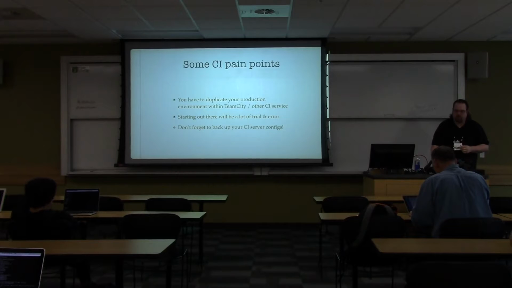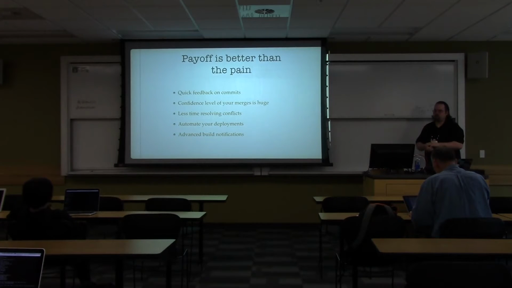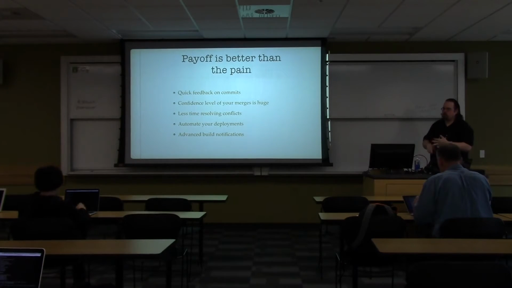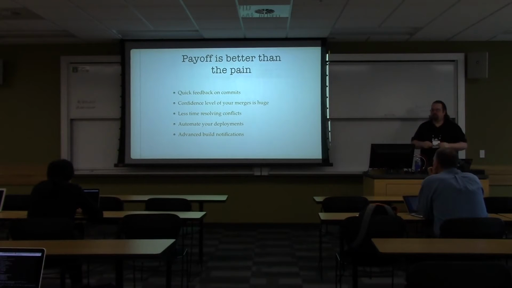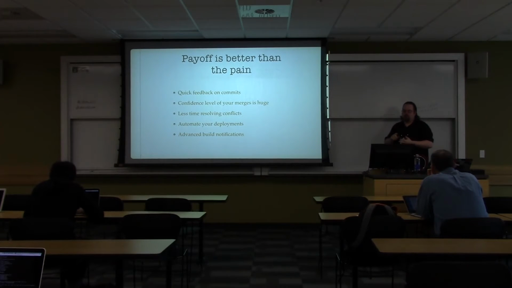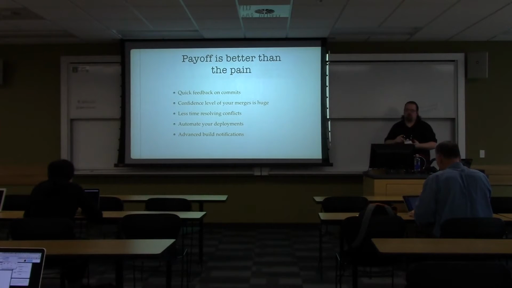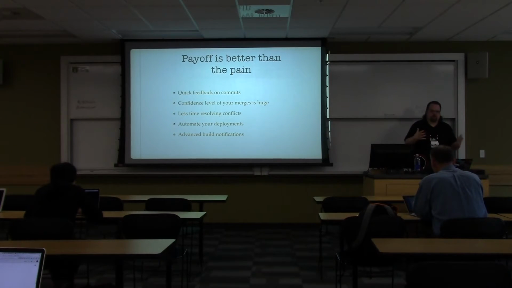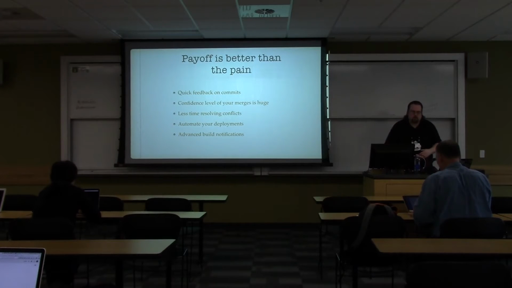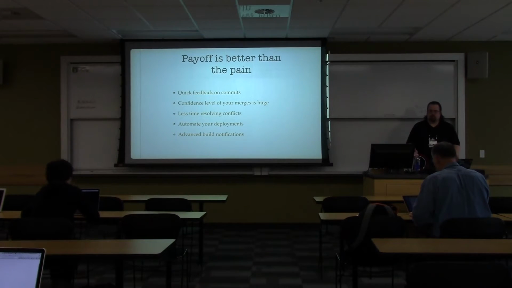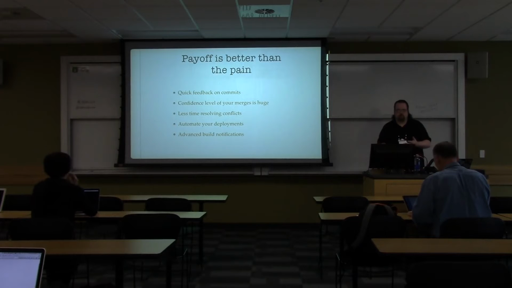But despite the pain, the payoff is better than the pain. You're going to get quick feedback on your commits. Your developers are going to get feedback faster without waiting for something to go into production. The confidence level of your merging is going to be huge. You're not going to be worried about, well, what about this conflict? What about that conflict? You're going to be testing all of this stuff. You're going to have less time resolving your conflicts because you're testing your code and you're merging often. There's going to be less chance of a conflict.